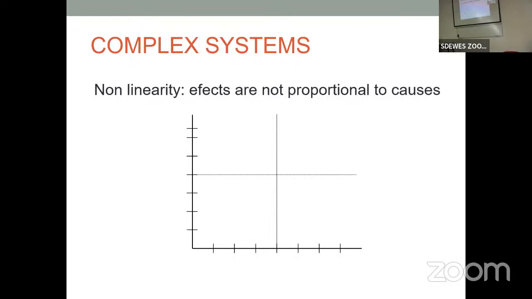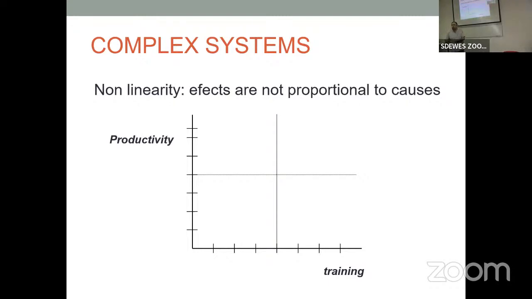So another reason for complexity is the nonlinearity of the systems. This nonlinearity appears in many cases, but one very easy example to understand it is the relation between training and productivity.